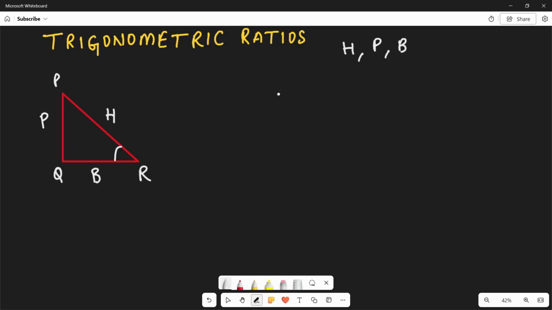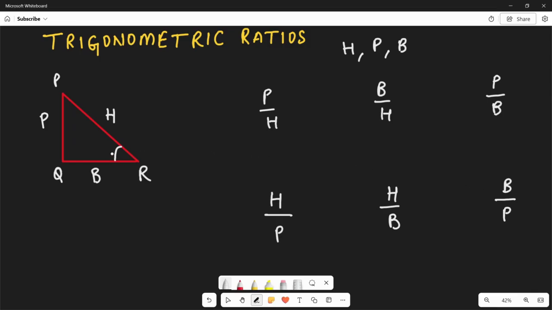So we can come up with six different ratios, that are perpendicular by hypotenuse, base by hypotenuse and perpendicular by base. Now if we reverse this, we can write them as hypotenuse by perpendicular. This can be hypotenuse by base, and this becomes base by perpendicular.